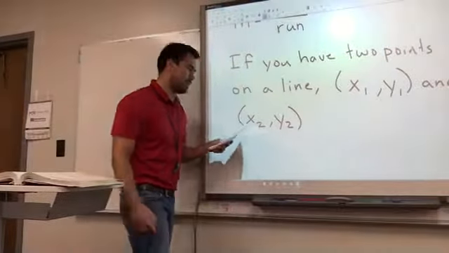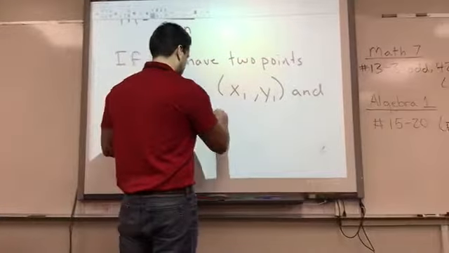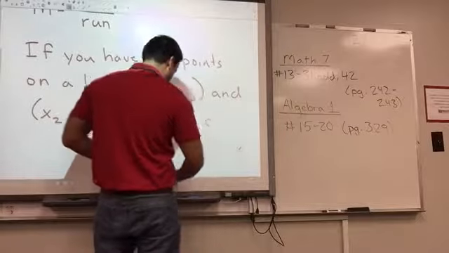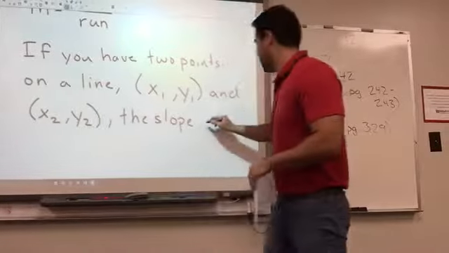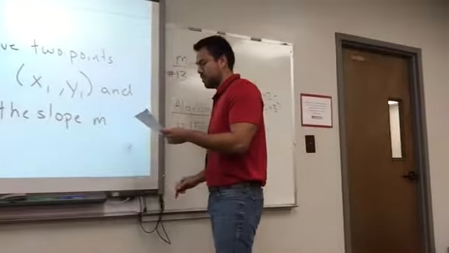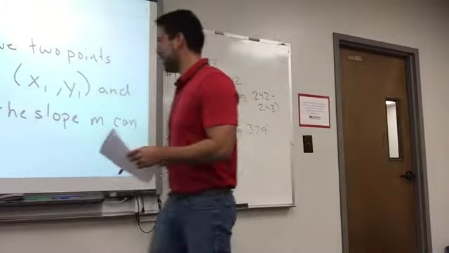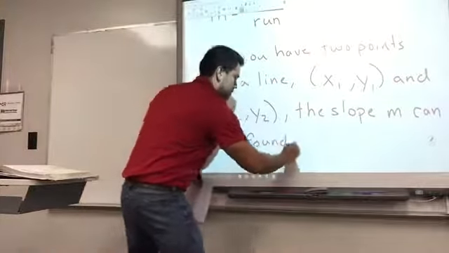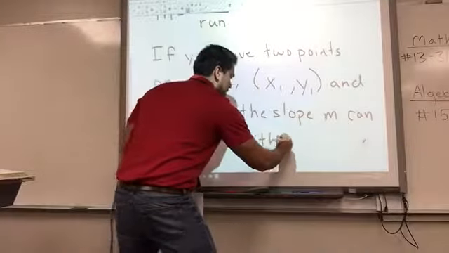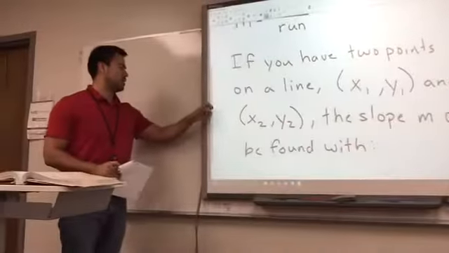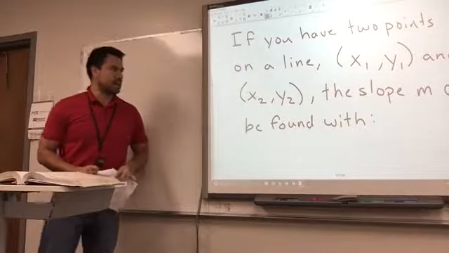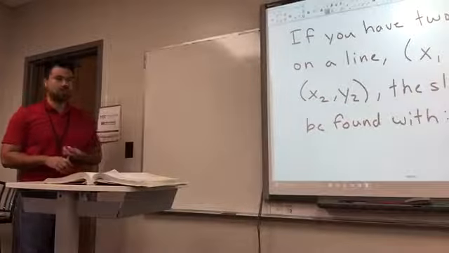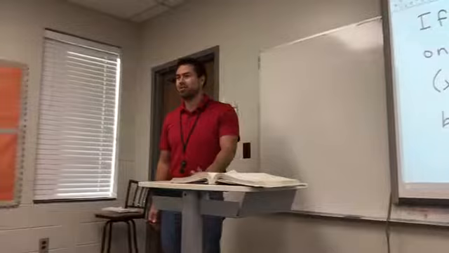If you have those 2 points, the slope m, because we know that slope is referred to by m, can be found with, and then Wyatt, he already gave it to you guys.